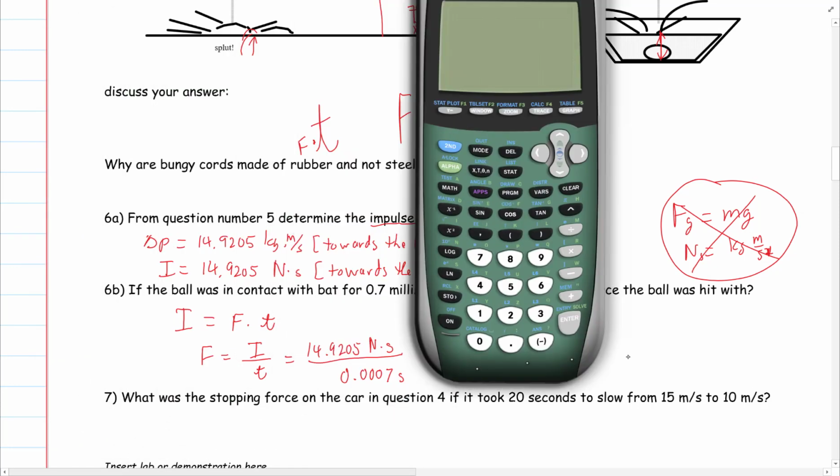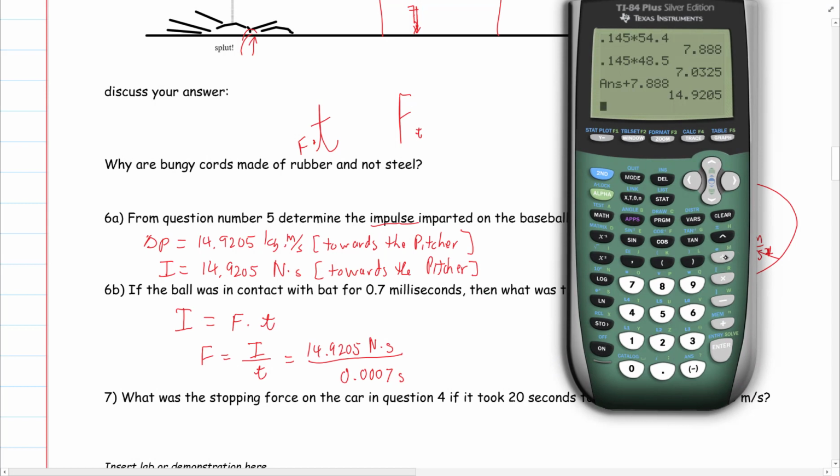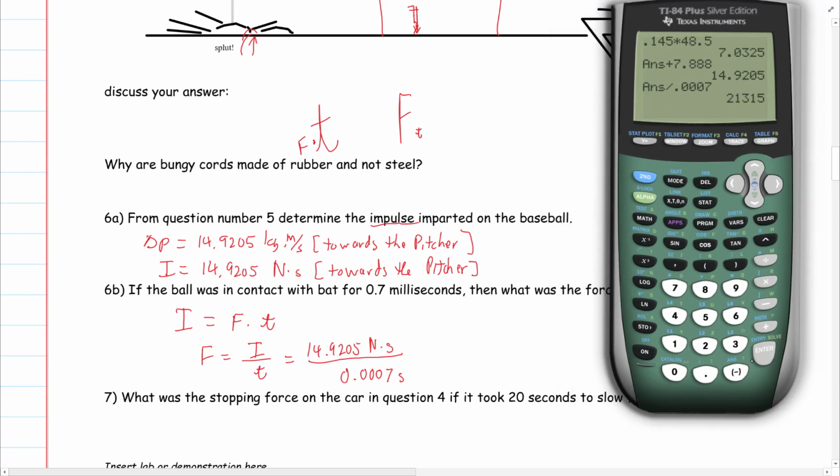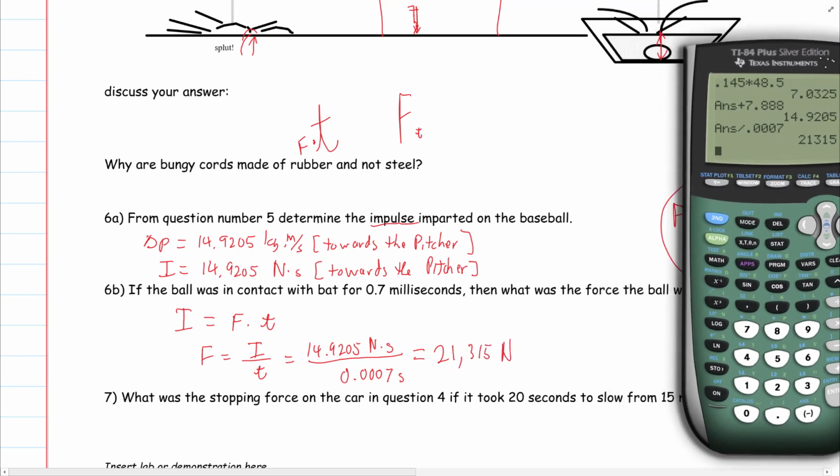So let's pull up our calculator, and we take that number and divide it by 0.0007, and we get an amazing number here of 21,315 newtons. And we still need a direction. The left from the picture above was towards the pitcher, sorry.